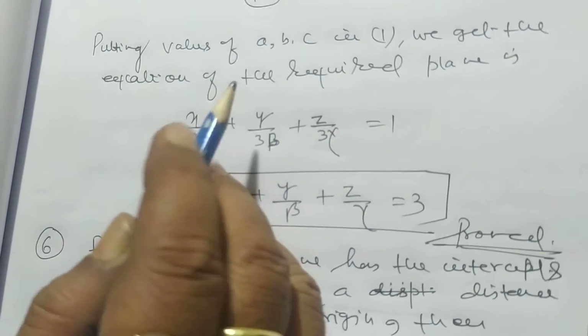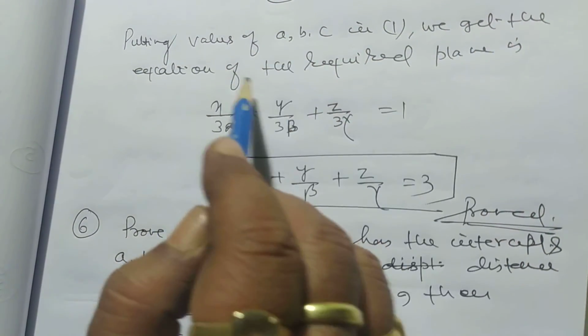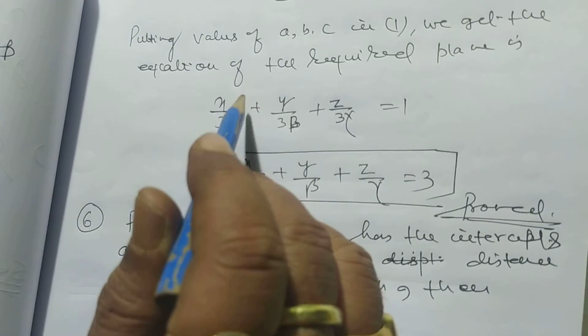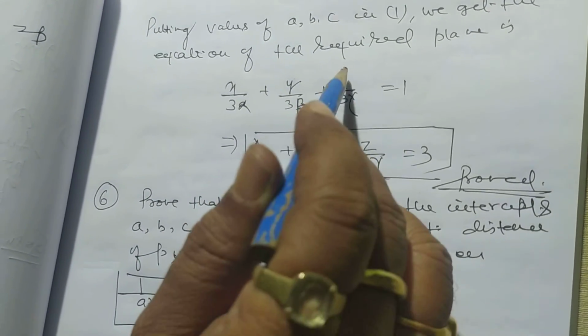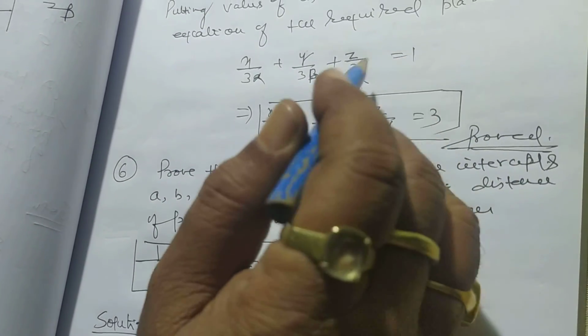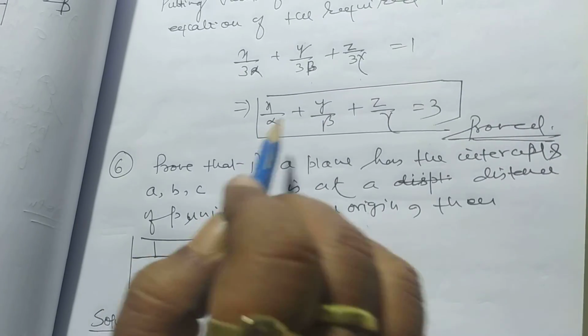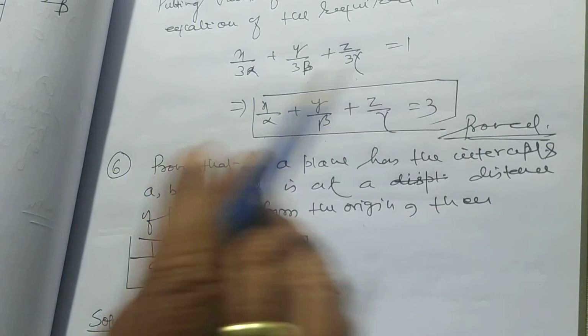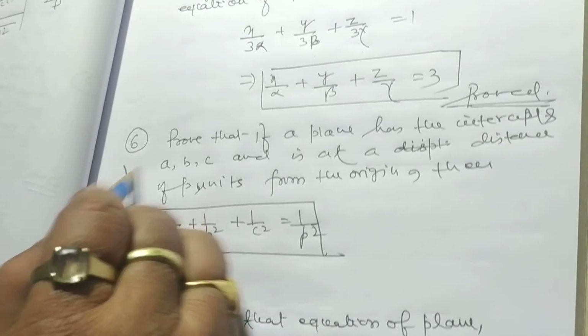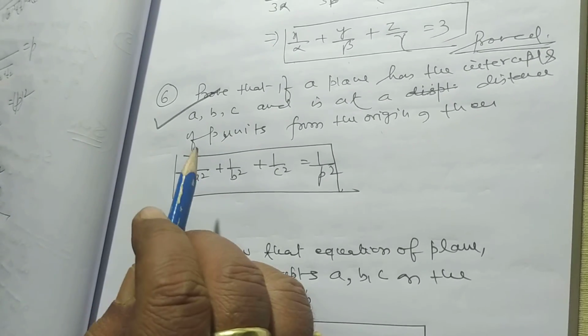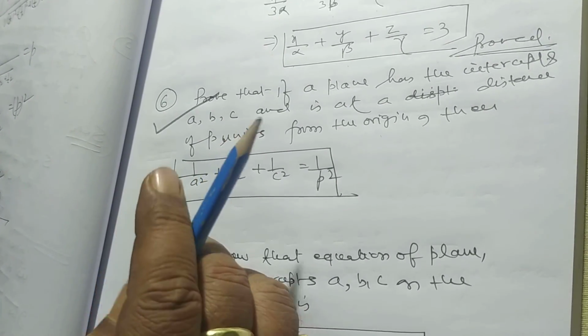Putting this value of a, b, c in first, we get the equation of the required plane is x by 3 alpha, y by 3 beta plus z by 3 gamma is equal to 1. That is x by alpha plus y by beta plus z by gamma is equal to 3. So my dear student, problem number 5 was very, very important. And problem number 6 is also important.